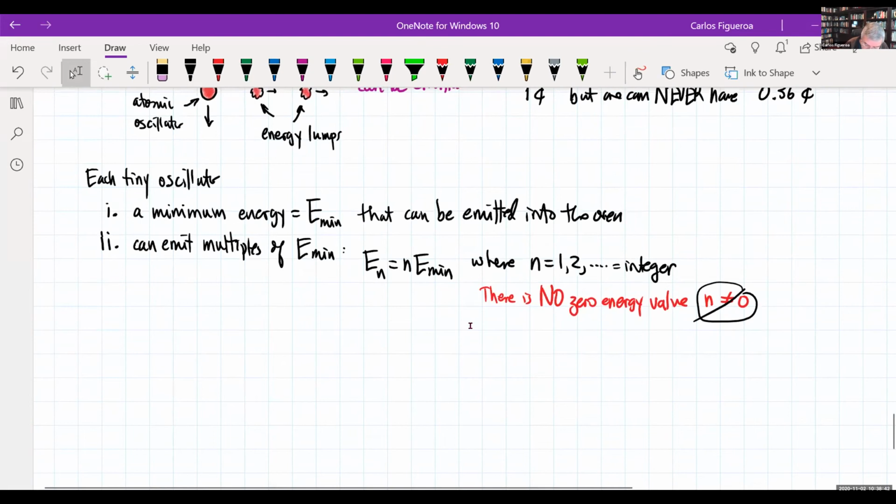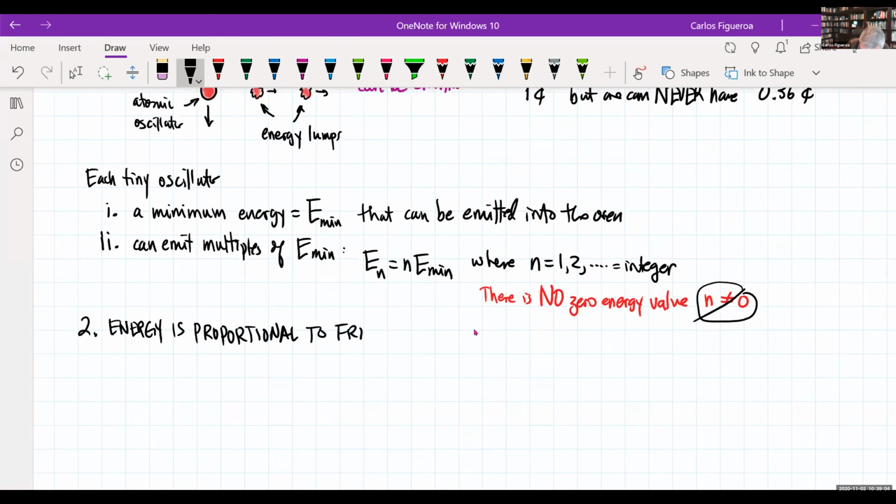And then he says something really interesting. This brings us to our second case. Energy is proportional to frequency. It's not the way we spell proportional. I should have just put quotes on it. He was the first guy to actually write this down.